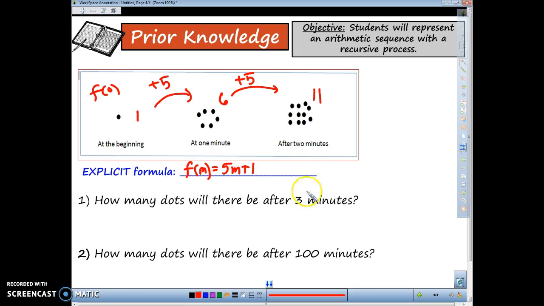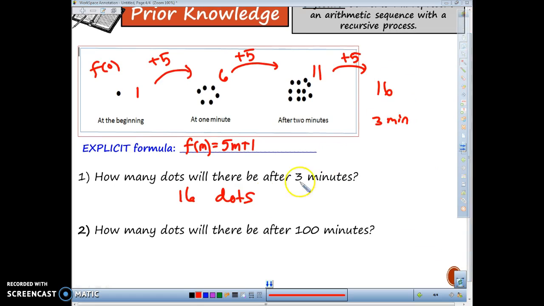Now if I wanted to figure out how many dots there would be at 3 minutes, it's easy to just say, okay, well at 2 minutes I know I'm going to add 5 dots per minute, so 11 plus 5, that is 16. So here we will have 16 dots, and after 100 minutes, though, that would take a lot of work, right?